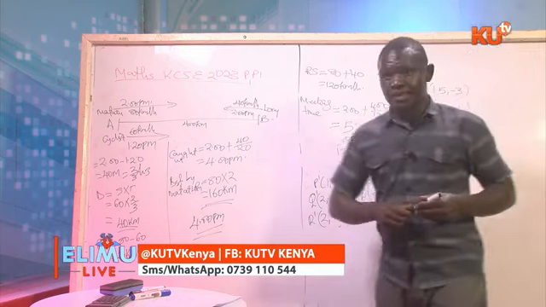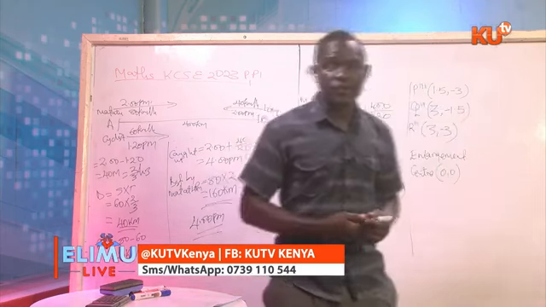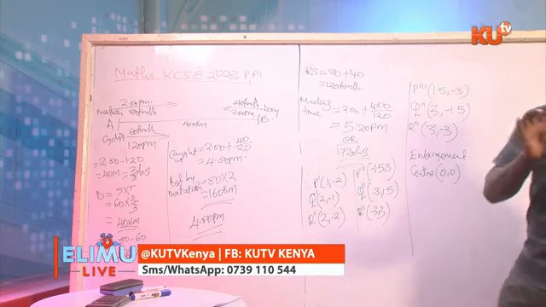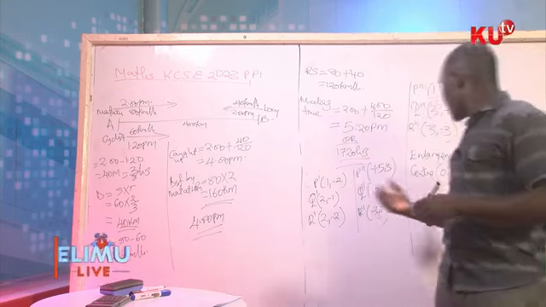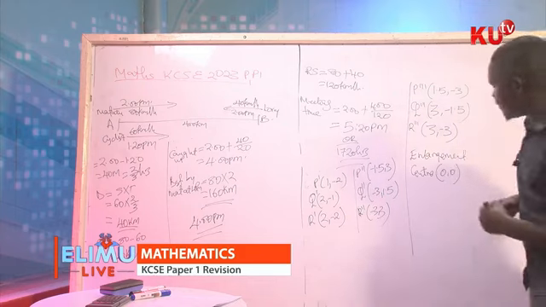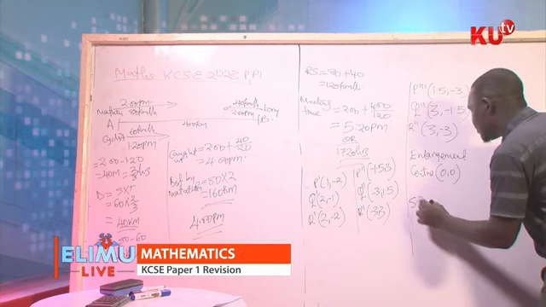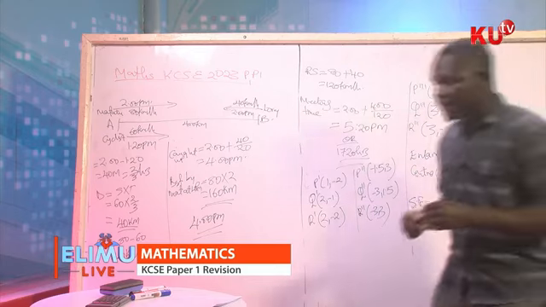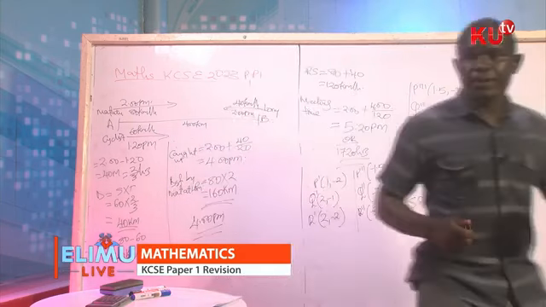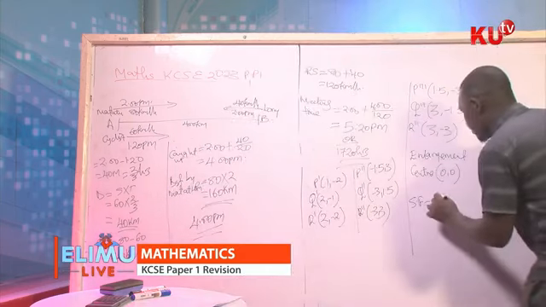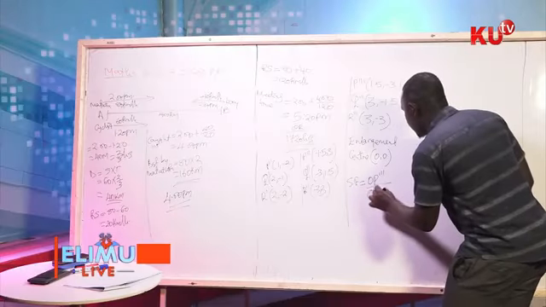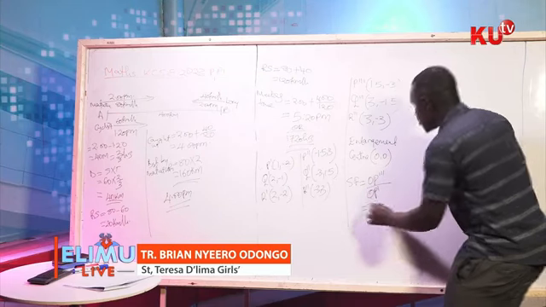Then we have to get the scale factor. You also have to tell me the scale factor of enlargement. Now you realize if the center is 0, 0, the object and the image are lying on the same side of the center, meaning that the scale factor must be positive. So in order to get the scale factor, you can measure the distance O to P triple prime over O to P prime.